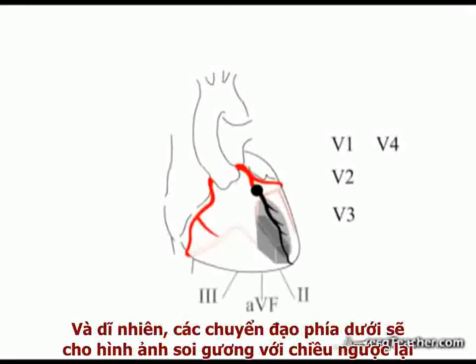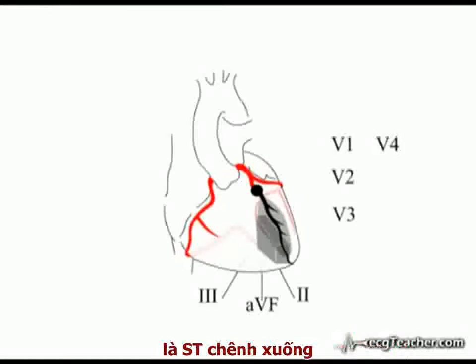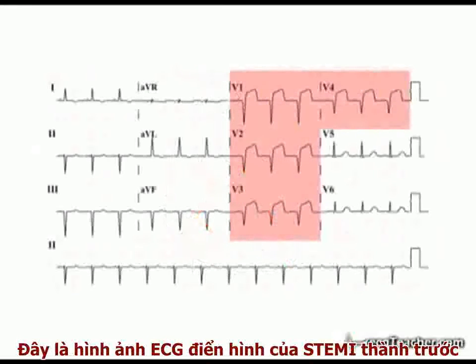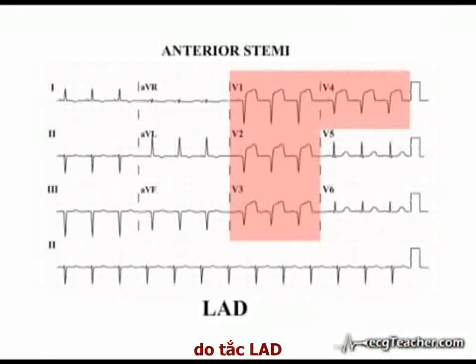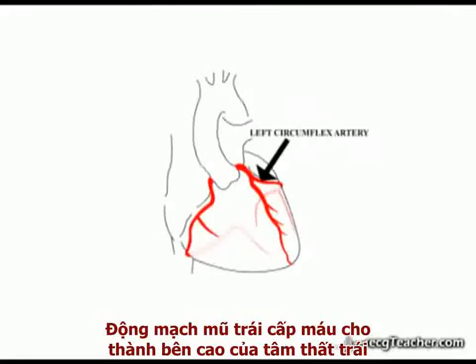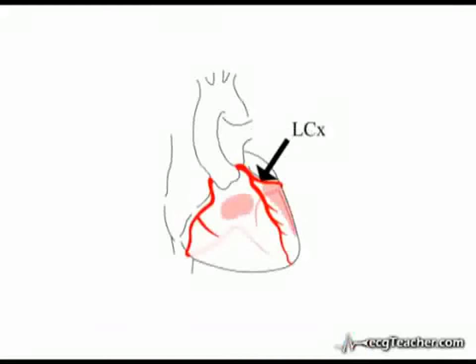Again, the inferior leads are viewing the injury current from a diametrically opposite position and may show reciprocal ST depression. This is the classic ECG pattern for an anterior MI secondary to LAD obstruction. The left circumflex artery supplies the posterior and high lateral wall of the left ventricle.